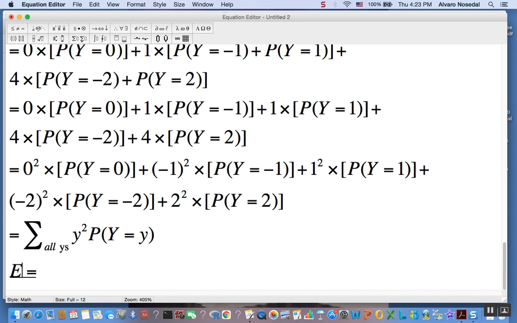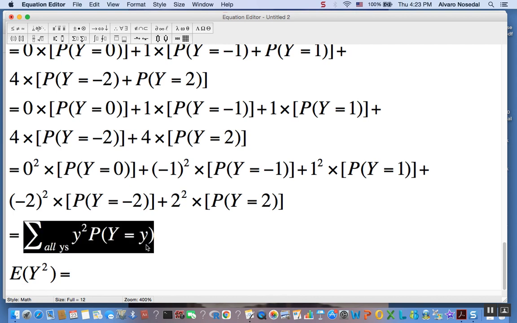So let me write it down like that: the expected value of y squared equals this.